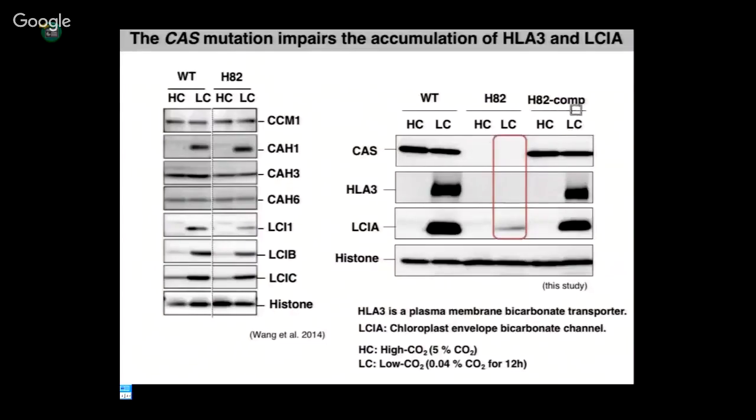And in the complemented line, the expression is completely recovered. It's very clear that this gene is trans-acting on the transporter gene regulation. It looks like a regulatory mutant because HLA3 and LCIA are normal genes, but there is no expression in this mutant. Therefore, the Cas gene product is regulating the transporters at least.